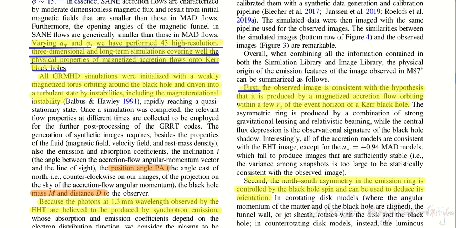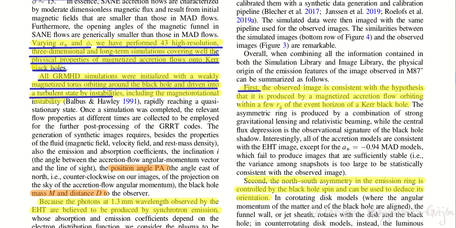They tell us too that all general relativistic magnetohydrodynamics simulations were initialized with a weakly magnetized torus orbiting around the black hole and driven into a turbulent state by instabilities including the magnetorotational instability.